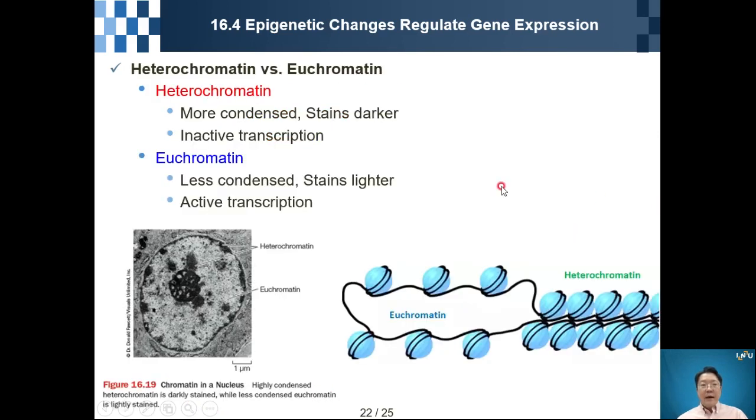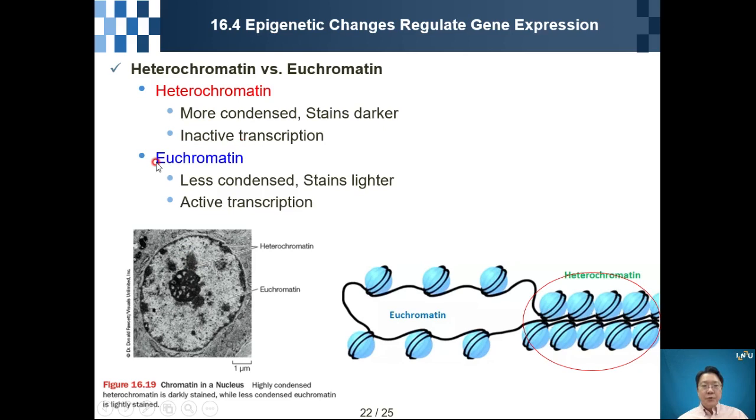Heterochromatin means more condensed, like here. In the case of heterochromatin, it stains much darker, like this. Because heterochromatin is more condensed, it means there is inactive transcription.